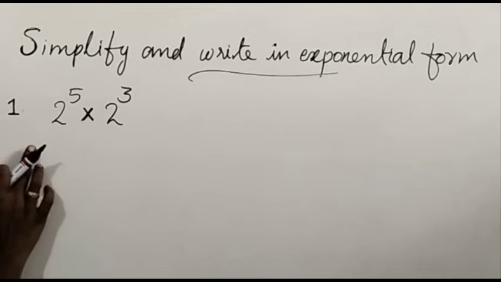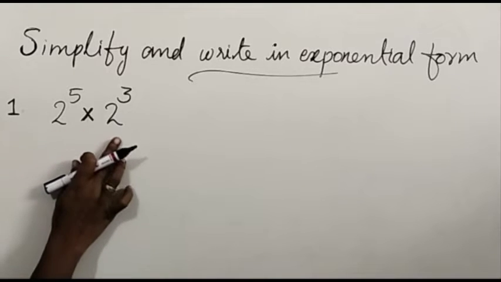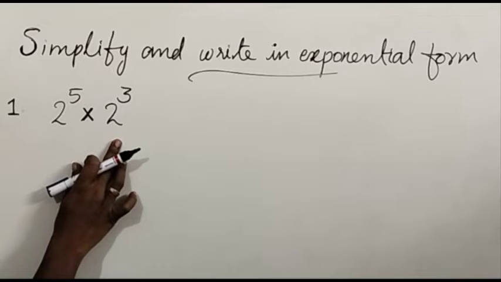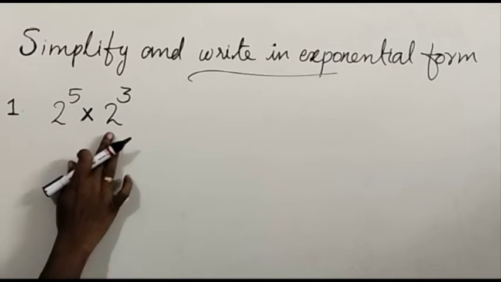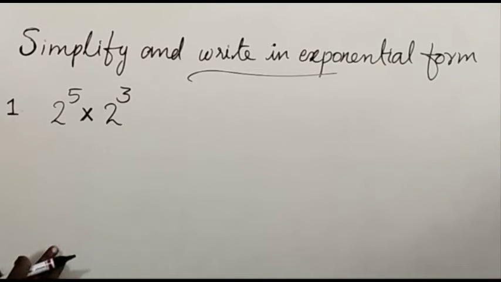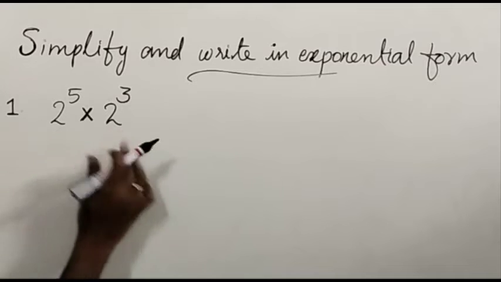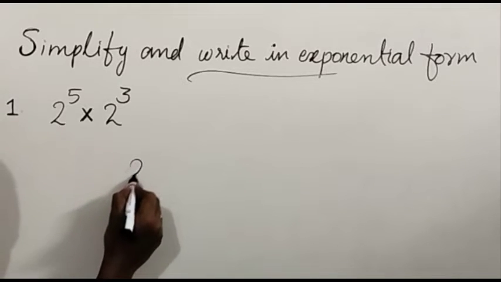First one, 2 raised to 5 into 2 raised to 3. We know that a raised to m into a raised to n is equal to a raised to m plus n. So here the base is 2. There is no change in the base.